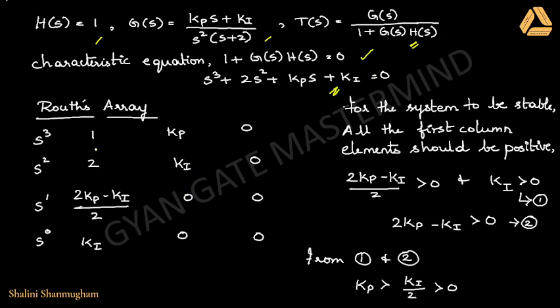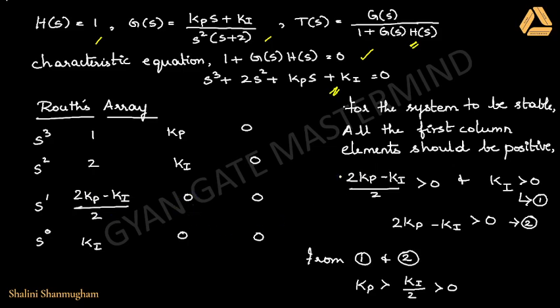The first row is the alternate coefficients of the characteristic equation, and the third row is given by the cross determinants, that is (2Kp - Ki) divided by the first column element. Just construct the Routh array.